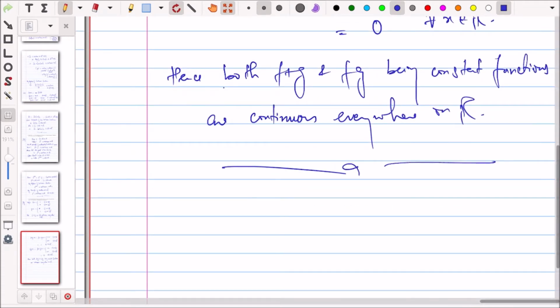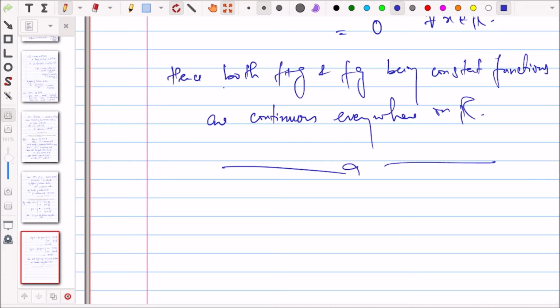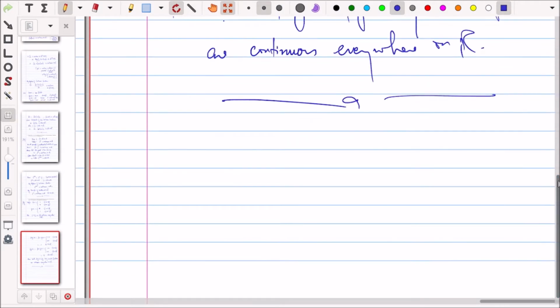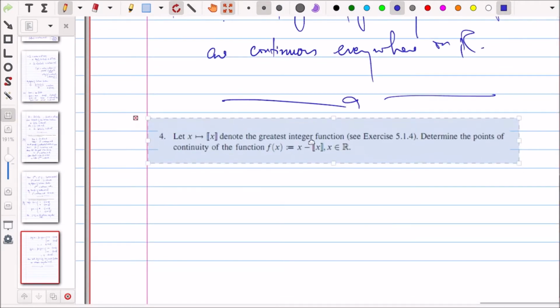Now let us take question number 4. This question is related to the greatest integer function, similar to the questions that we did in exercise 5.1.